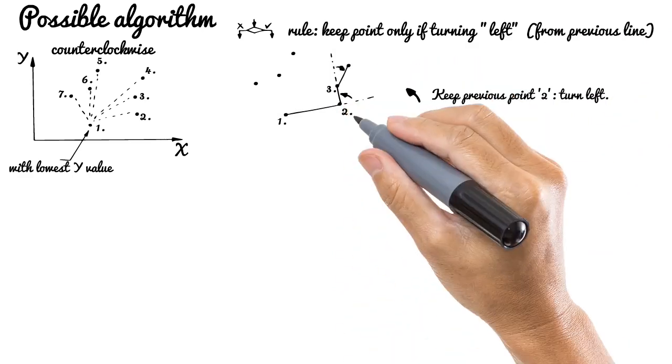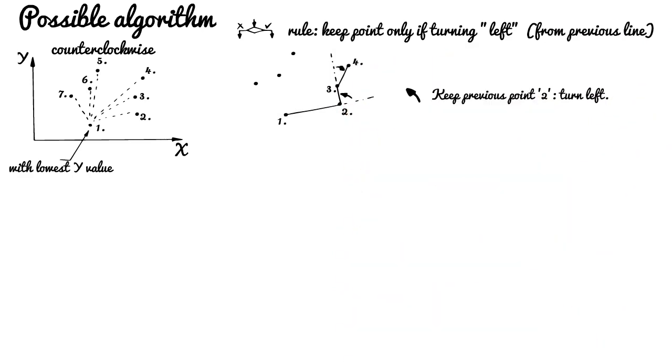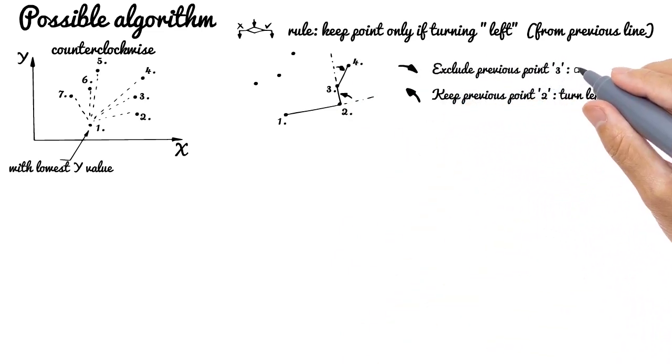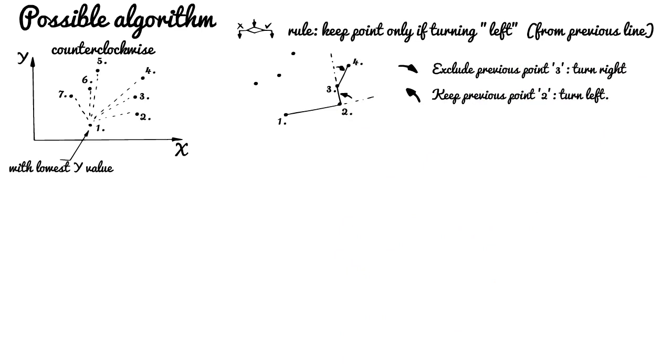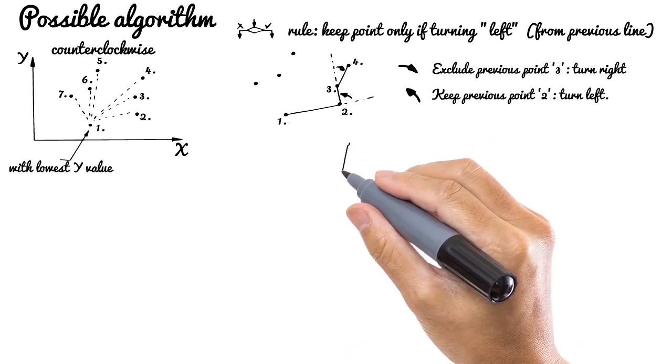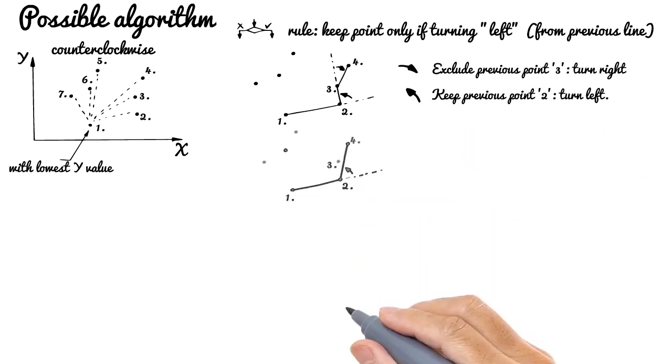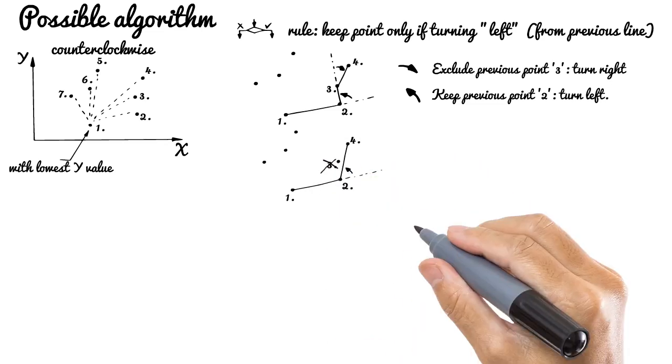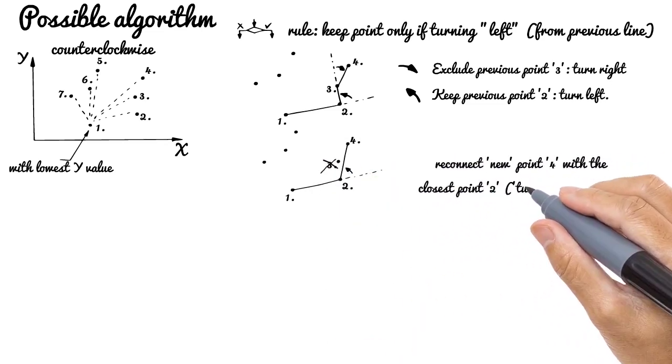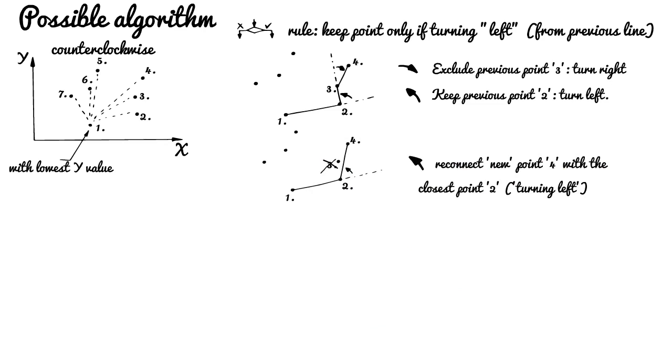If we turn right, that means that the previous point or even several points reside inside the convex hull and need to be excluded from the convex hull border. Otherwise, we may have a concave hull instead. Excluding can be done by connecting the new point with the closest previous one, which will end up turning lines left.